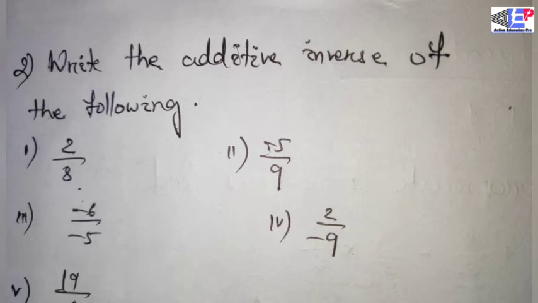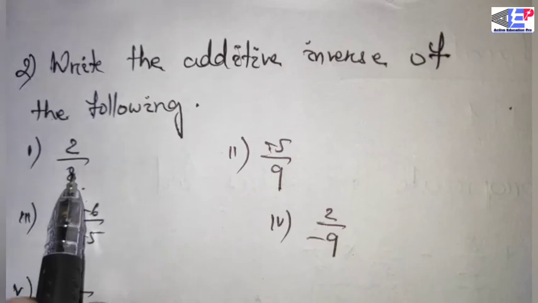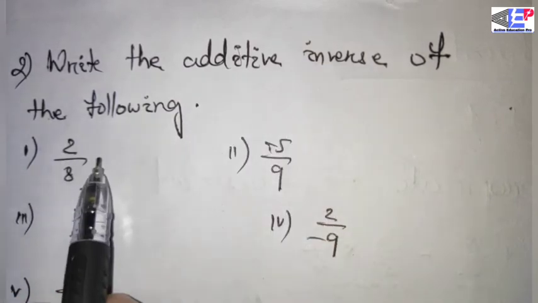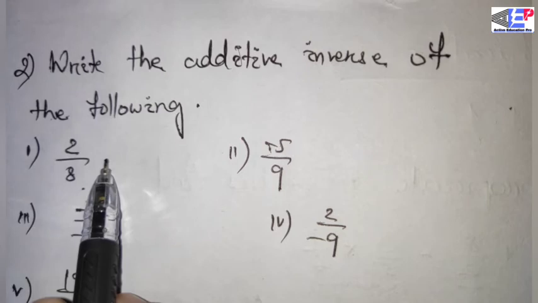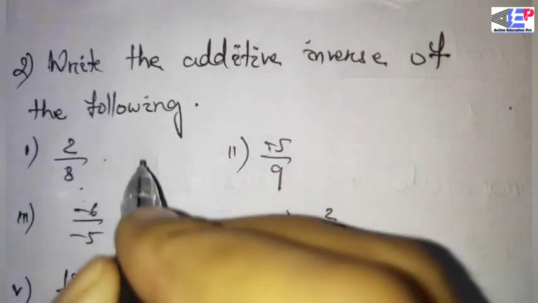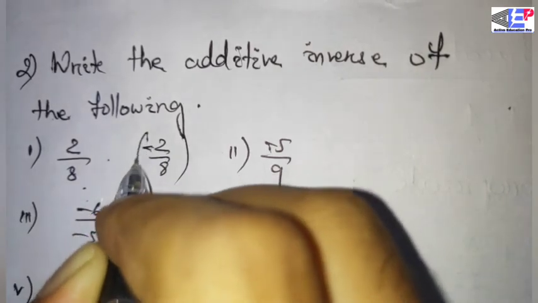of the rational number. So in the first question, 2 by 8 is a positive rational number. So take such a number and add it to 2 by 8, so that the additive inverse means after addition the result will be 0, the additive identity. 0 is the additive identity. So if you add minus 2 by 8, your answer is minus 2 by 8.